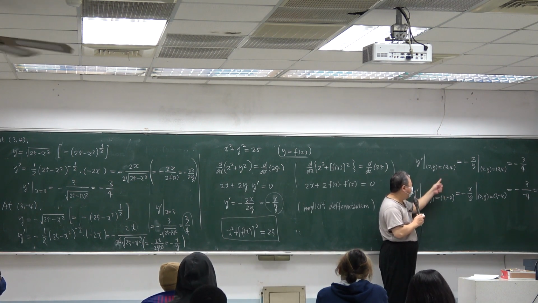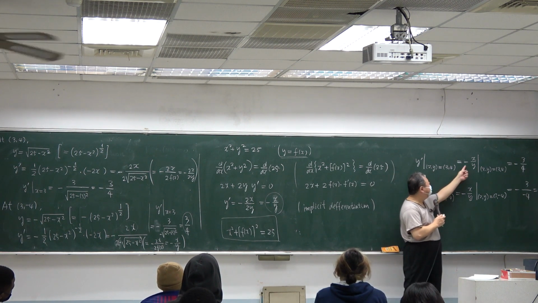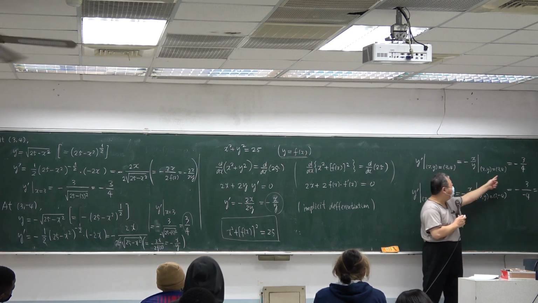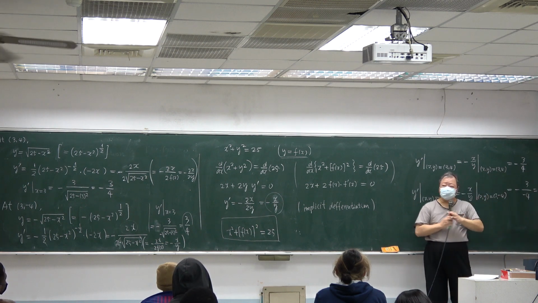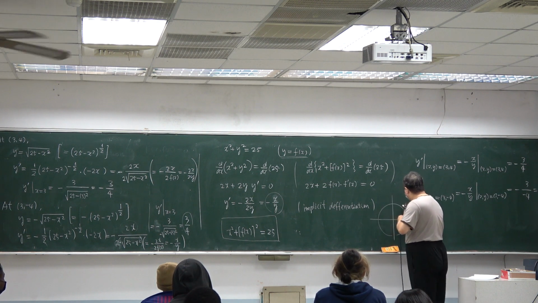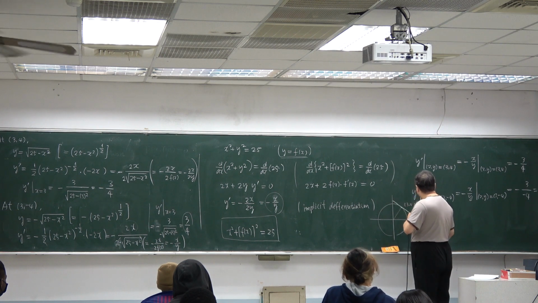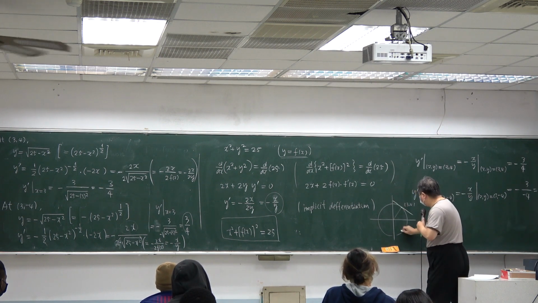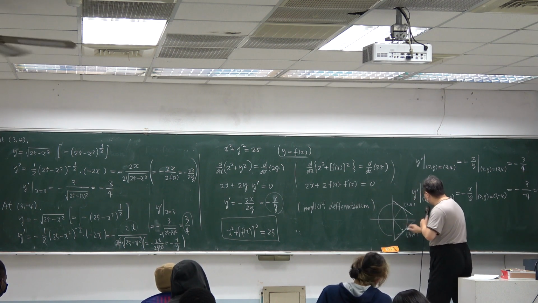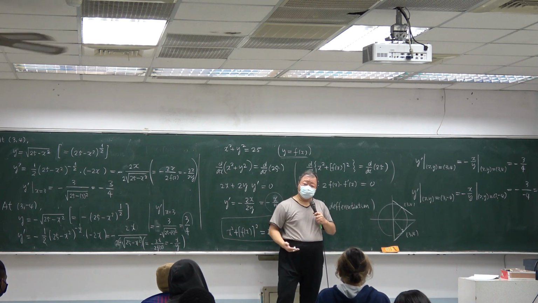The x's are the same, but different y, because this expression involves y. So if y equals 4, automatically it represents the slope here. If we use (3, minus 4), automatically this slope is positive. So this method is called implicit differentiation.